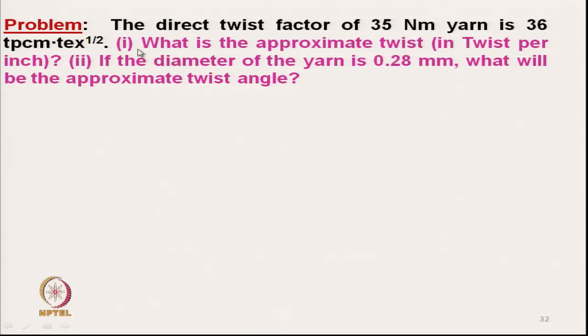The question is, what is the approximate twist in terms of twist per inch? Here it is given as twist per centimeter, and it is asked in twist per inch. So, this is part 1, and next, if the diameter of the same yarn is 0.28 millimeter, what will be the approximate twist angle? So, this is the two parts.